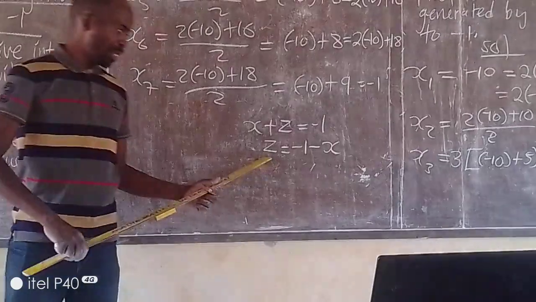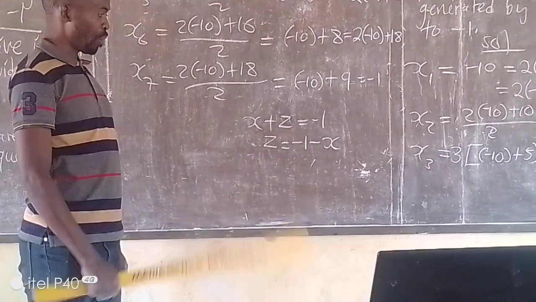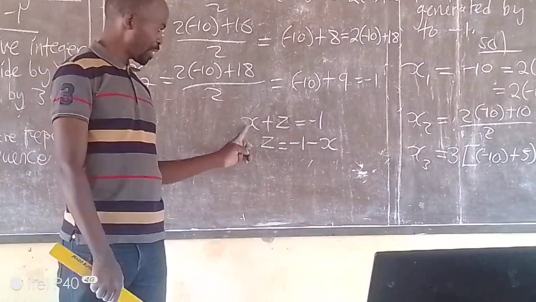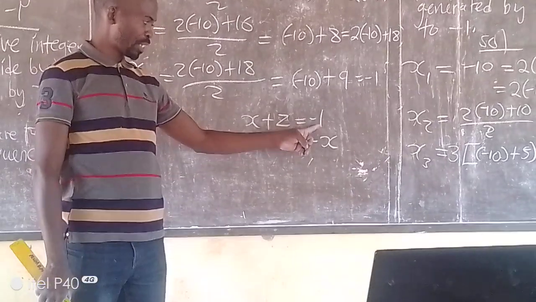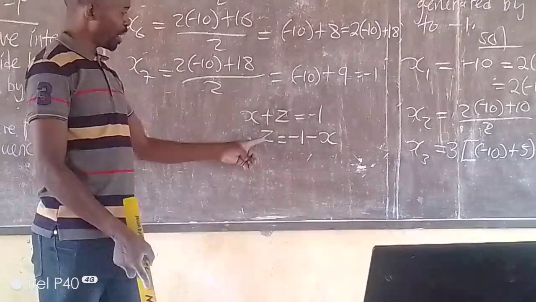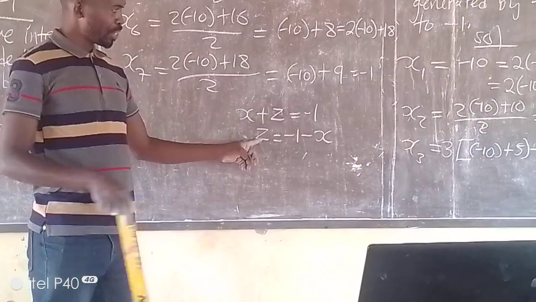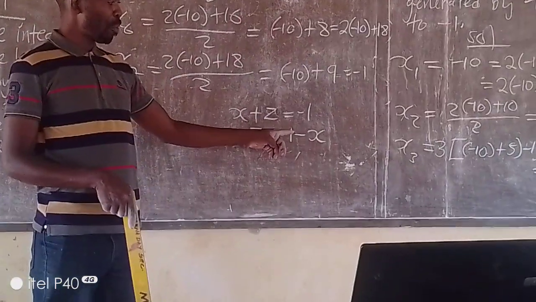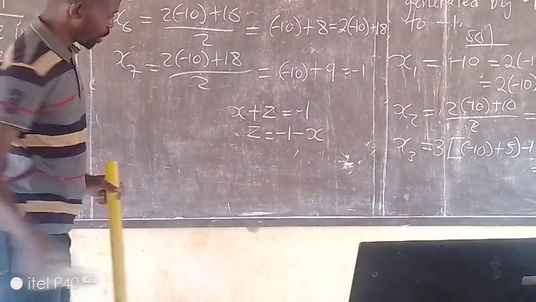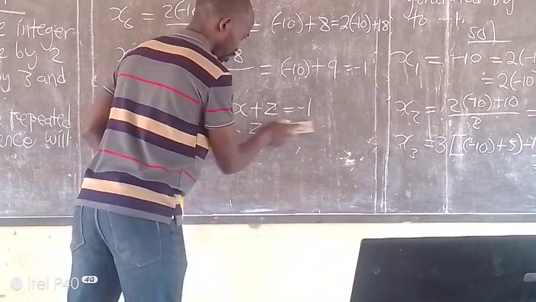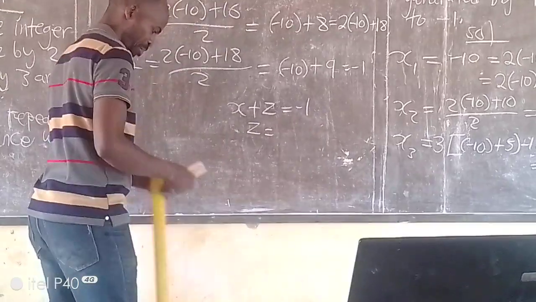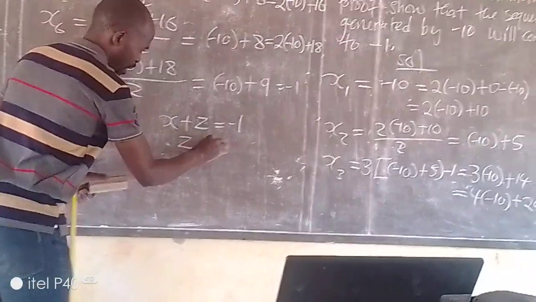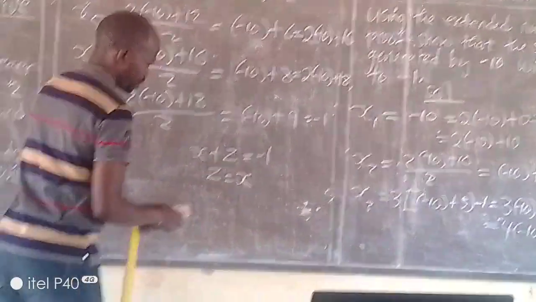That is the termination of the sequence. It occurs at x plus z equals negative 1, where our z is equal to negative 1 minus, sorry for that, this is supposed to be negative x.